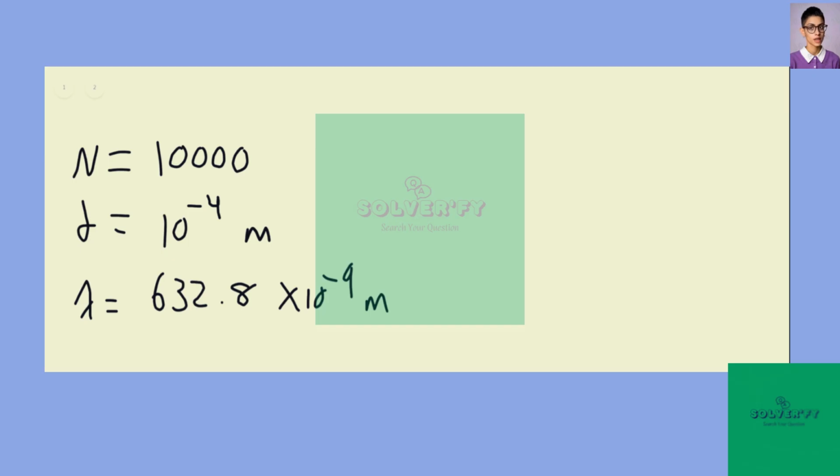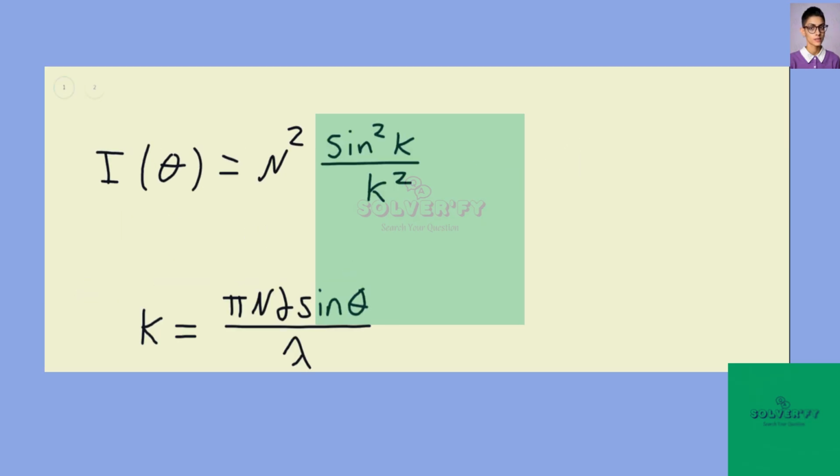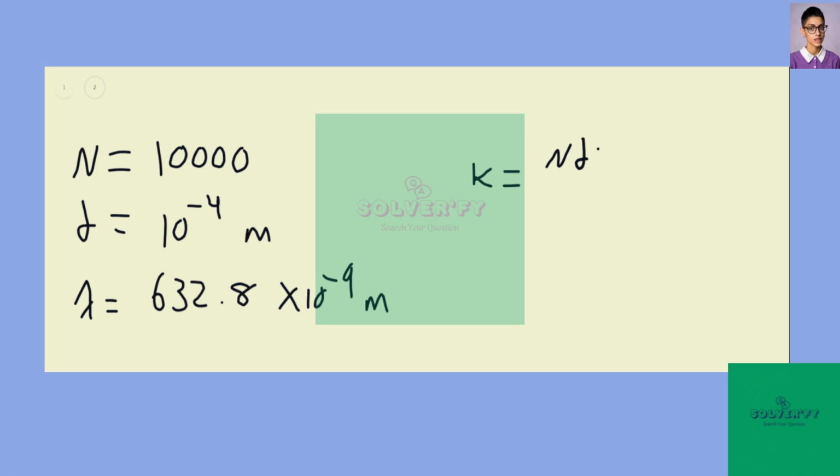So now we can sub this into k, because we know that k equals N d pi sine theta all over lambda.